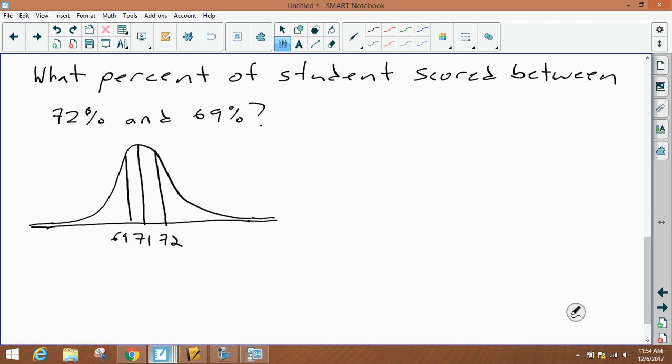Now, based on what I said about the standard deviation, what do you think? Do you think this is going to be a really high probability or proportion, or a really low? This shaded area. Think it's going to be close to 1 or closer to 0? Because it's got to be between 0 and 1, right? Because it's a probability.